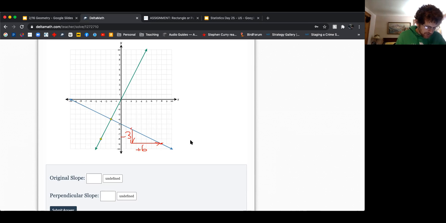So my slope for my original is going to be -3, which is the change in y, over +6, which is my change in x. So now I can simplify this. And if I simplify that down, I can divide both the numerator and denominator by 3.